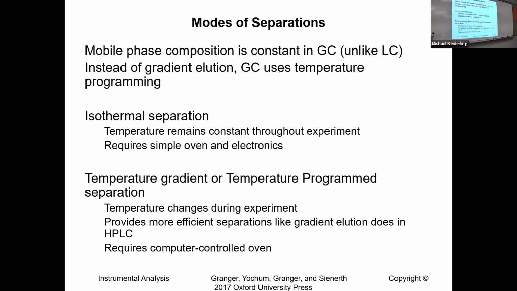You can do an isothermal separation where the temperature remains constant, or you can do a temperature gradient or programmed process. This requires a computer-controlled oven, but honestly, a computer-controlled oven is not that complicated.